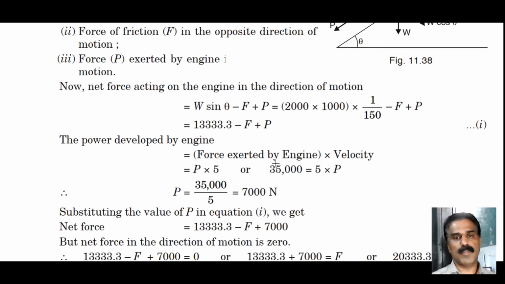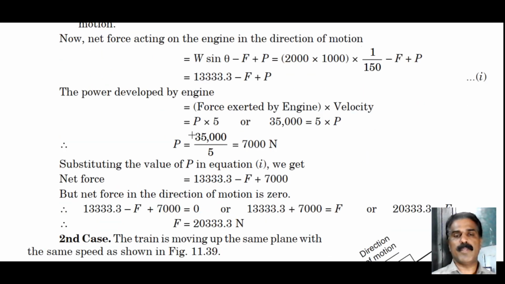Is it not? 35 kilowatts. P is the force applied, 5 is the velocity, constant velocity. So P into 5 is equal to 35,000, and from this you can easily find P. P is equal to 7,000 Newton.